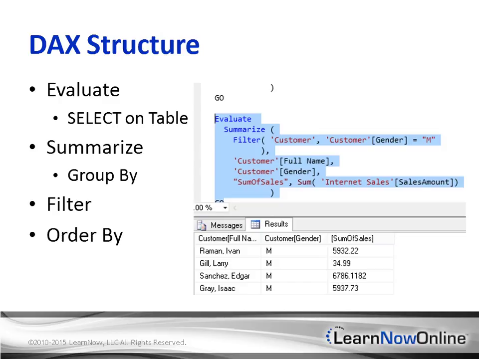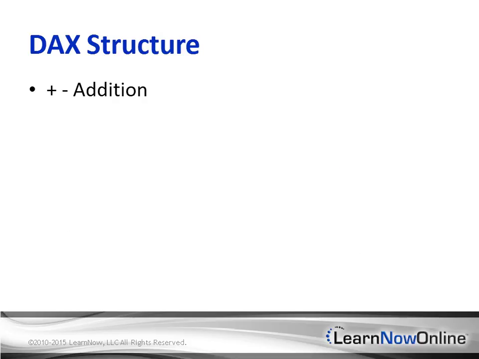You can also apply an order by to this summarize statement to summarize by, say, sum of sales or full name. There are some other DAX peculiarities, and one of them we'll talk about first is the addition. Some other items to be aware of are the plus or ampersand signs.